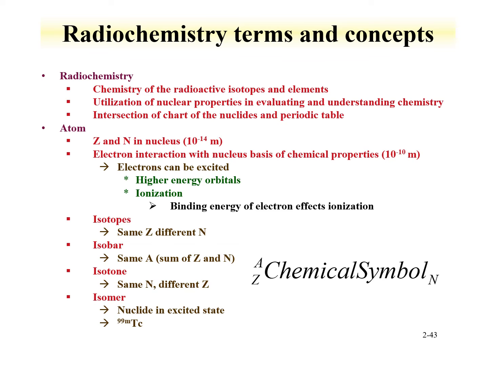So some of the terms that we have for atoms within radiochemistry: we've already discussed isotopes. An isotope has the same Z, so the same proton number, and different neutron numbers. An isobar has the same A, the sum of the protons and neutrons. As an isotope undergoes beta decay, it converts a neutron into a proton, so the sum, the A, remains the same. An isotone has the same number of neutrons but a different number of protons.